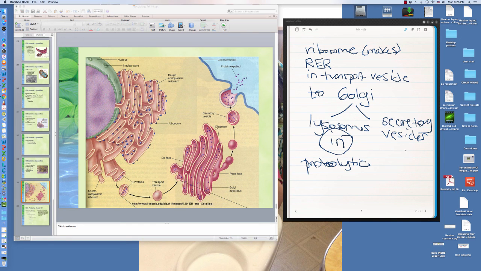The secretory vesicles, on the other hand, their function is to exit the cell, and that protein is used by some other cell. So if you look here, here's a secretory vesicle. It binds with the plasma membrane and then expels the contents, the proteins themselves, into the extracellular fluid.